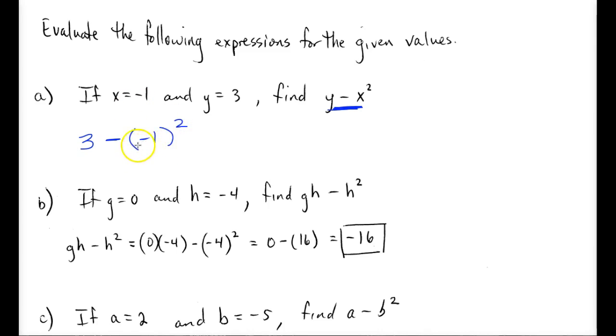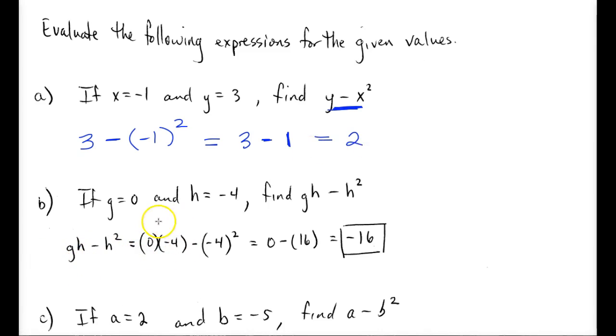Notice that we're using parentheses there because we're taking some value and squaring it, so we want to be very clear on what it is that we're actually squaring. According to our order of operations, we have to do the negative 1 quantity squared first. So 3 minus negative 1 squared is just 1, hmm, and so our final answer is 2.